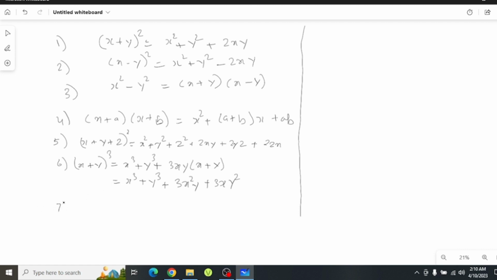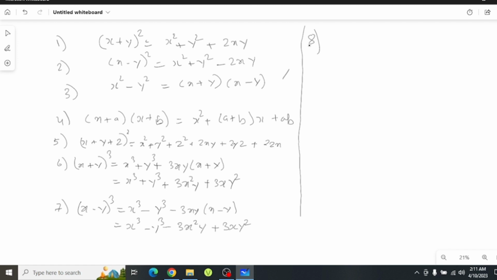The seventh one is (x − y)³. This is equal to x³ − y³ − 3xy(x − y). We can write it as x³ − y³ − 3x²y + 3xy².